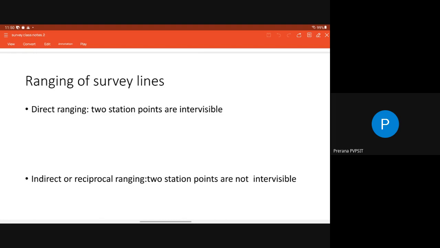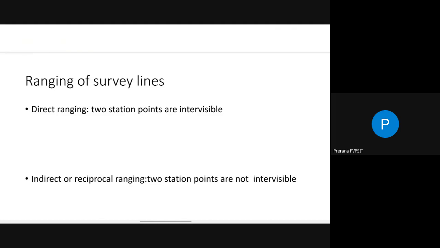What are the equipments used in chain surveying, and how do we range? What is ranging? How do we do ranging? Ranging is required when the length of the line measured is greater than the chain length.